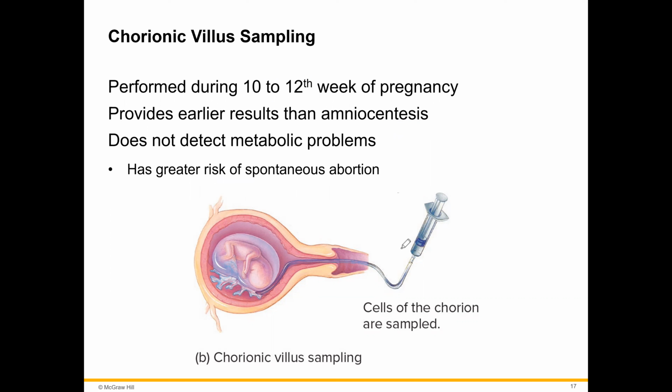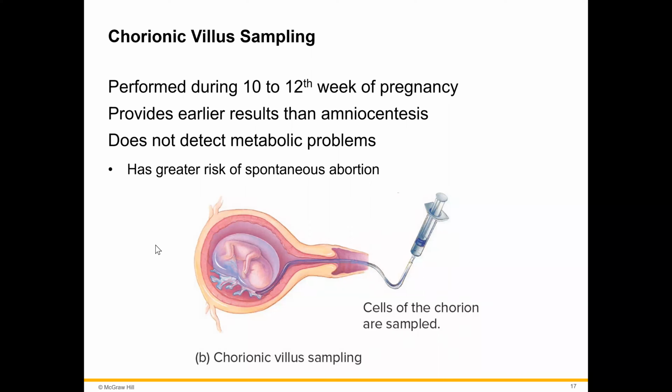In this technique, we collect fluid from the chorion. The chorion is the part of the fetus and mother's uterus that forms the placenta. The placenta is rich in blood supply, so we draw a little bit of fluid from the placenta and analyze the DNA in it.